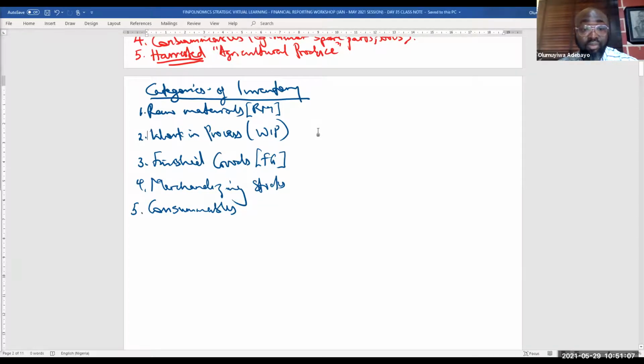So I think I should just give it a try. Raw materials are the materials you feed into your production process. You get them from maybe a third party or whatever. But work in progress is the raw material that you've already worked upon, that has passed through some sort of processing within your organization.